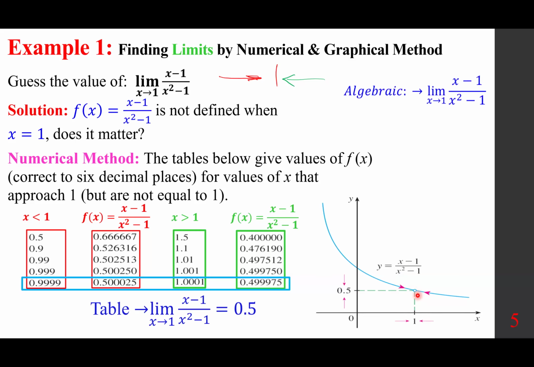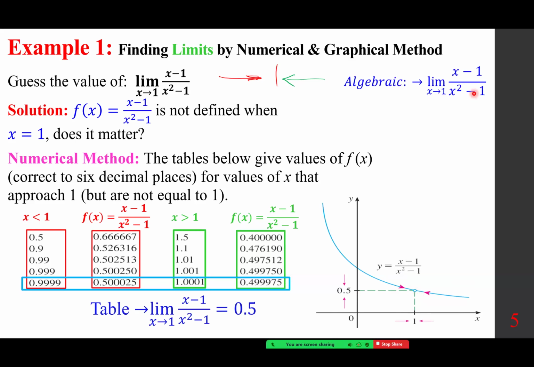Algebraically, you do factoring. You notice that the denominator can be factored into x minus 1 times x plus 1, reminding you that a squared minus b squared is a minus b times a plus b. So we can write this as x minus 1 over x plus 1.